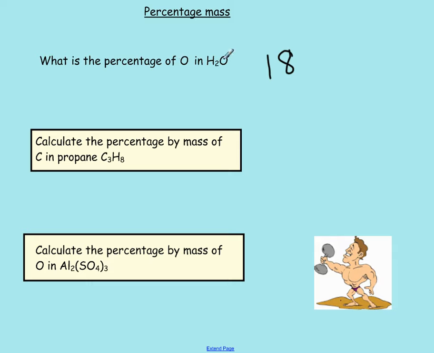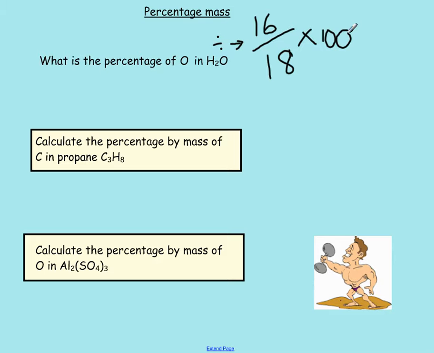Now it's asking you how much is oxygen. Now there's 1 oxygen in H2O. If I look up the number on the periodic table, the top number is 16. So 16 out of a possible 18. That's what this divided by means. So 16, this one, out of a possible 18, times that by 100, and I get my percentage.